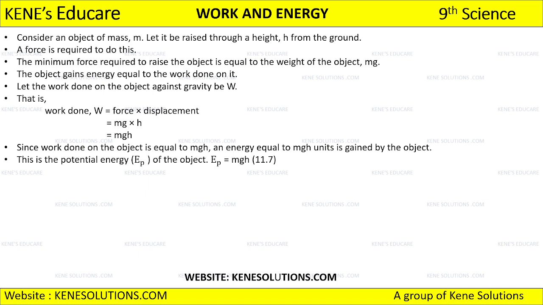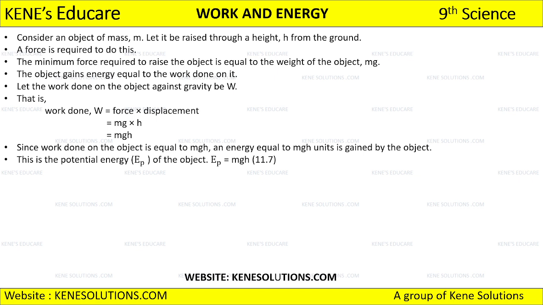Okay, so since work done on the object is equal to mgh, energy equal to mgh unit is gained by the object. What I said, because the work done on the object is equal to mgh, there will be an energy, because there's one statement on the top that the work done on the object is equal to the energy the object will have, right? So work done on the object is equal to mgh. m is mass, g is acceleration due to gravity, h is displacement.